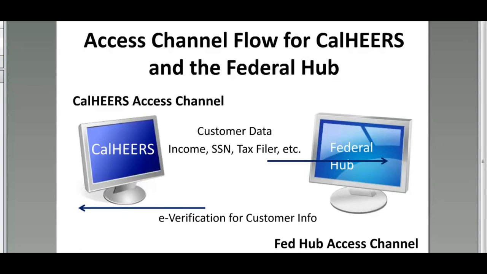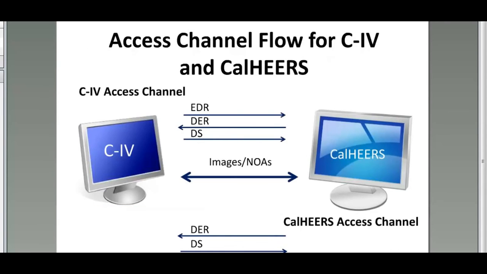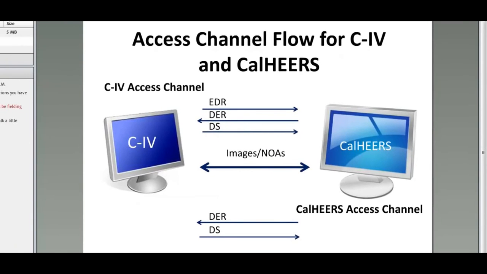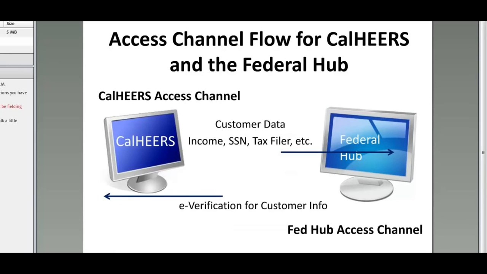Now CalHEERS will then send us, or send C4, information. So the EDR, or the eligibility determination request, that's initiated by C4 and it goes to CalHEERS. The determination of eligibility response then goes from CalHEERS back to C4.